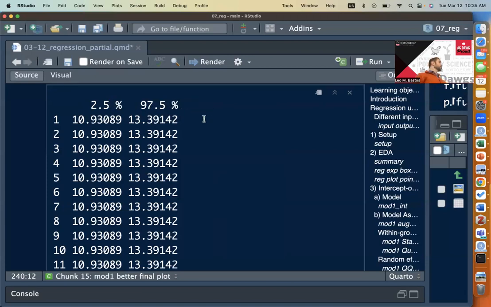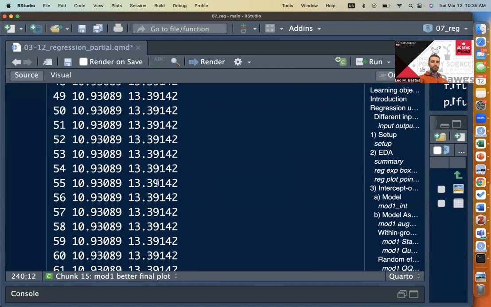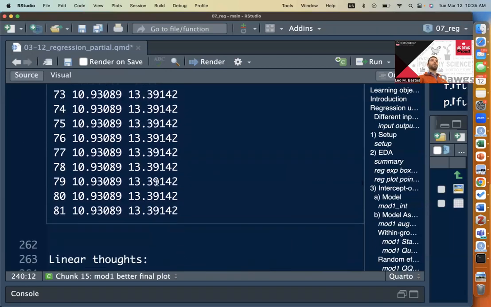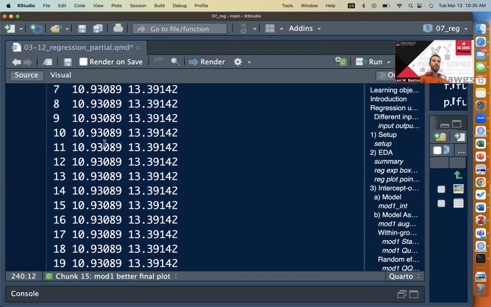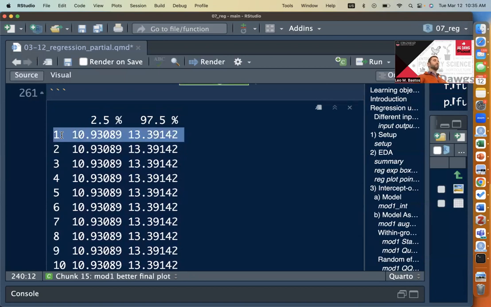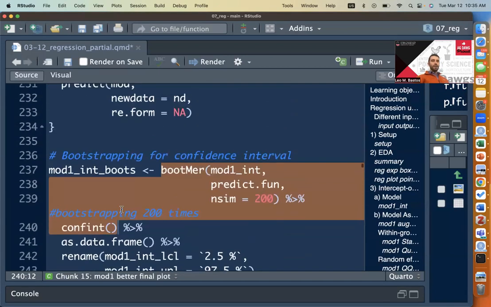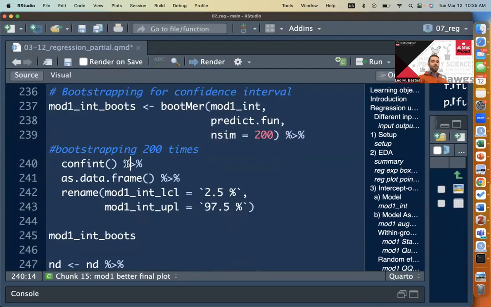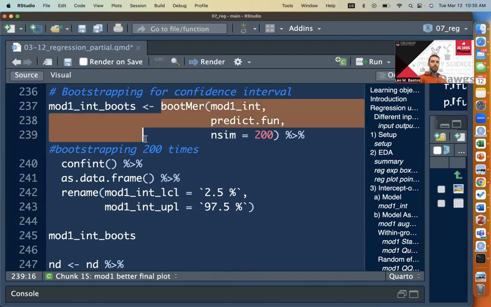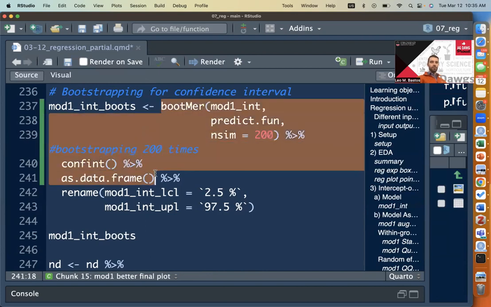So this would be a two-sided 5% confidence interval around each one of those 200 models that it ran for each of the 81 levels of seeding rates. Now that I have this confidence interval, I'm transforming this to a data frame. I run until here so you see what's going on.